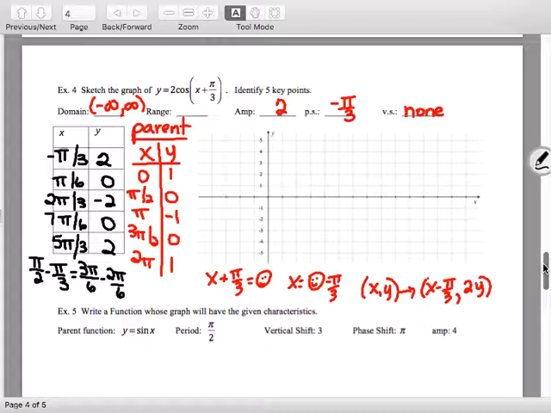I decided my smallest division was pi over 6. Pi over 6 is smaller than pi over 3. So each tick is going to be a pi over 6, so every 2 ticks is a pi over 3.